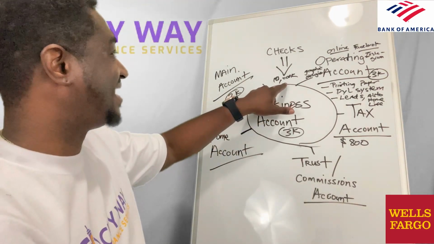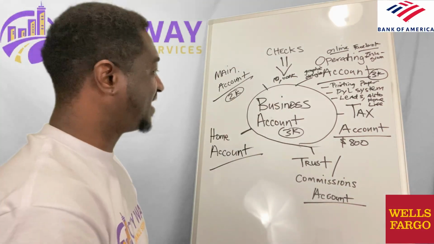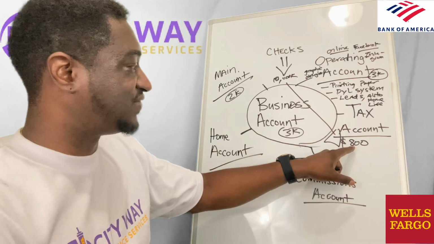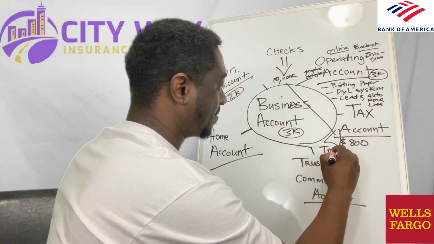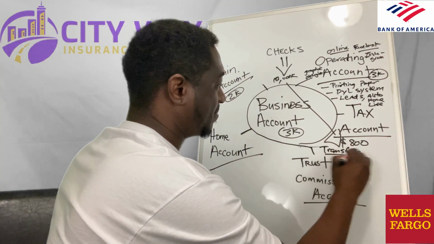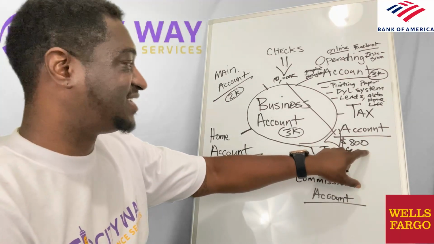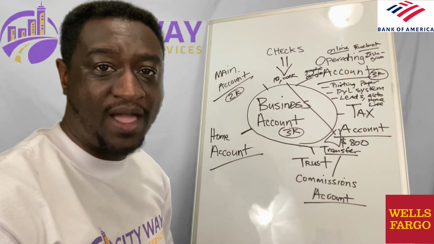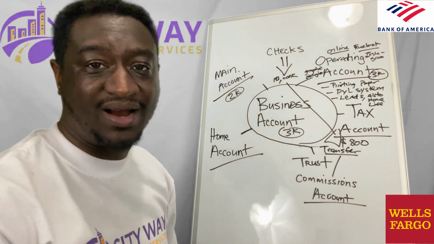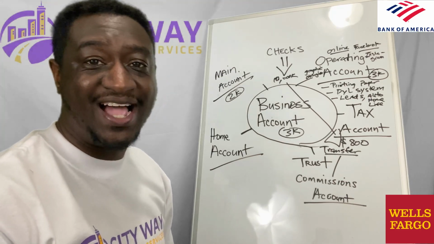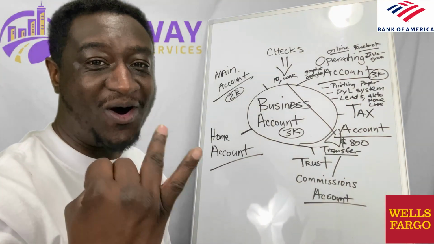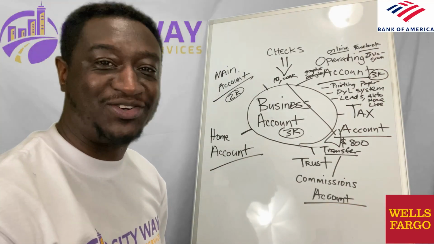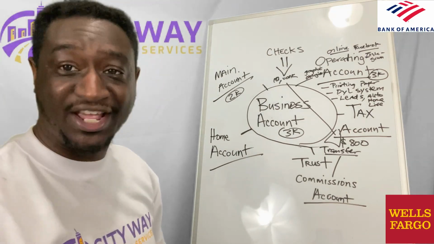So out of that $10,000 check, I make sure I transfer $800 into my tax account. Why? Every year we pay taxes, and we want to make sure that we're in compliance and we don't get behind, because one thing I don't like is the IRS. Those people I don't want no problem with, so I make sure I pay my taxes on time, okay, you guys? And you should too.